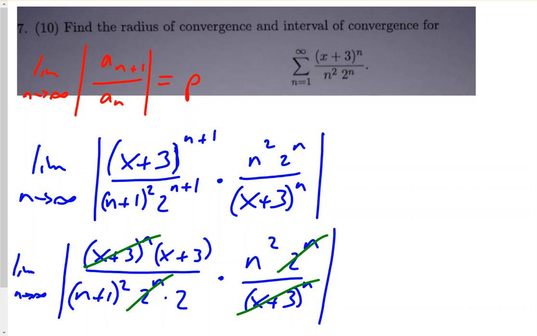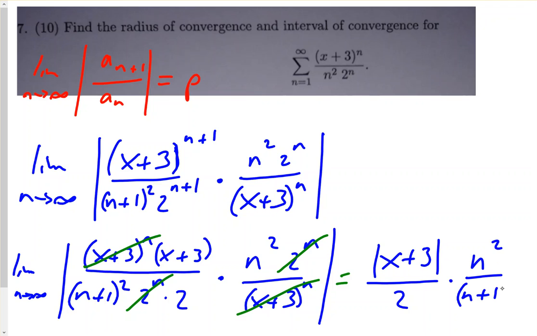Okay, so what do we have here? We have the absolute value of x plus 3, with a 2 underneath, and then n squared over n plus 1 squared, and you still have the limit as n approaches infinity.